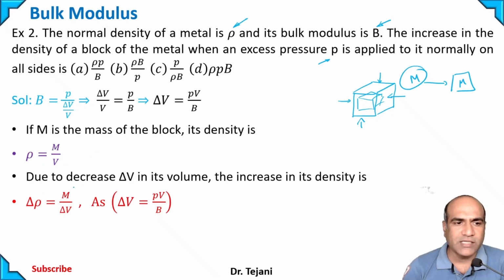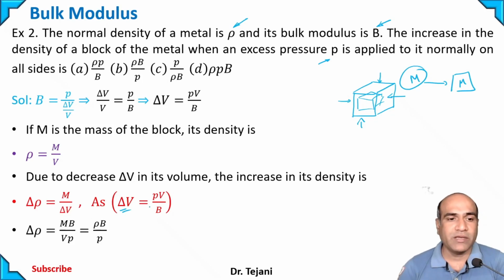Delta rho is equal to M delta V by V square, since mass is not changing and volume is decreasing. And delta V is equal to PV by B.